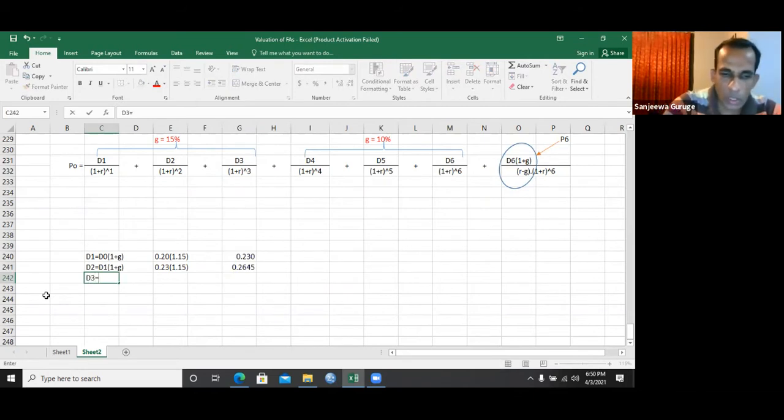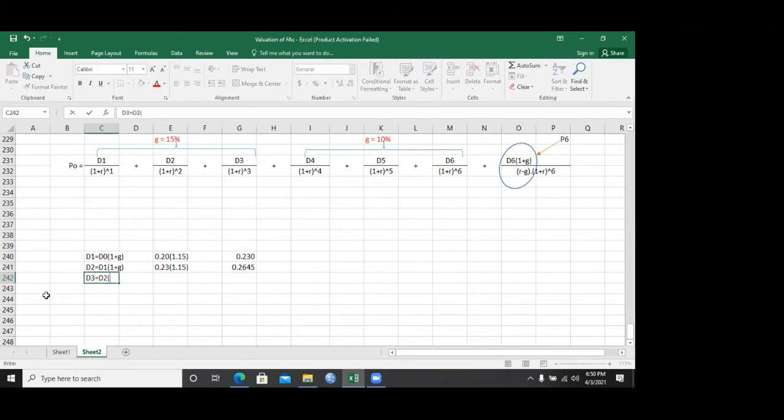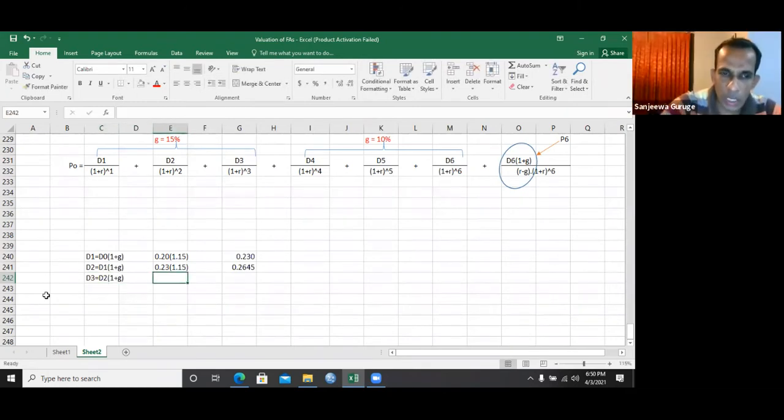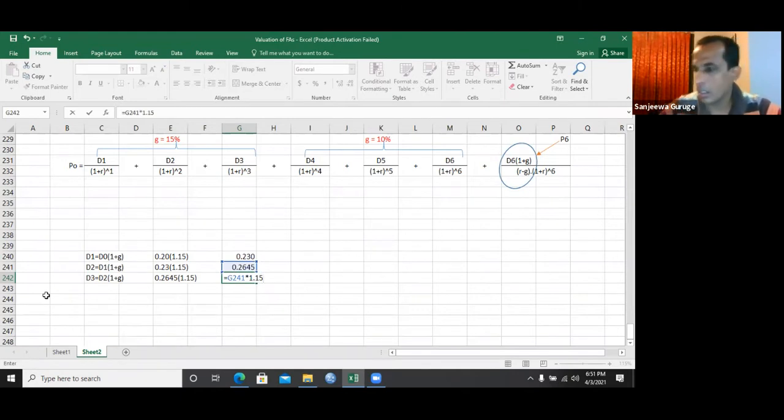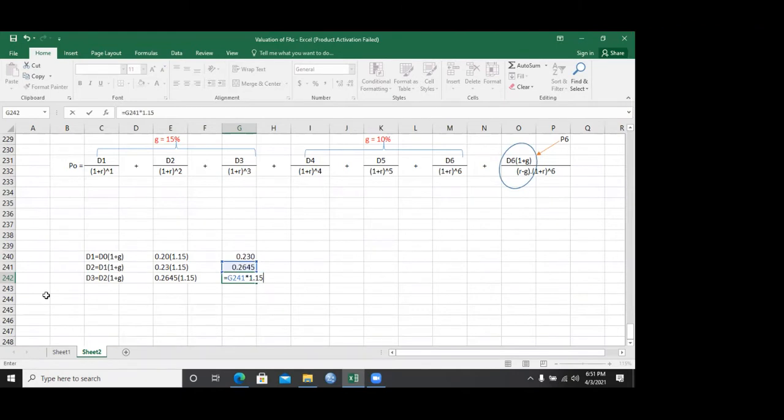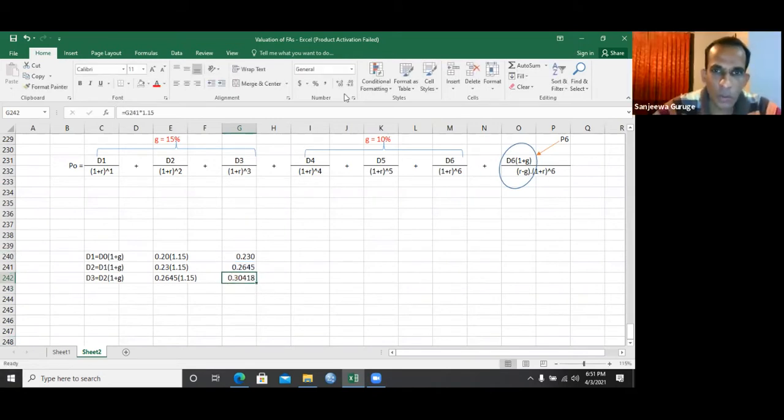D3 equals D2 into 1 plus G. D2 you have already calculated, 0.2645 into 1.15. What is the value of D3? It is 0.3042.